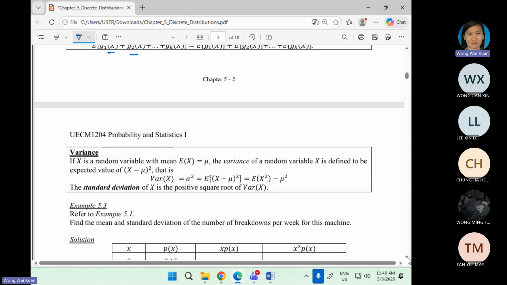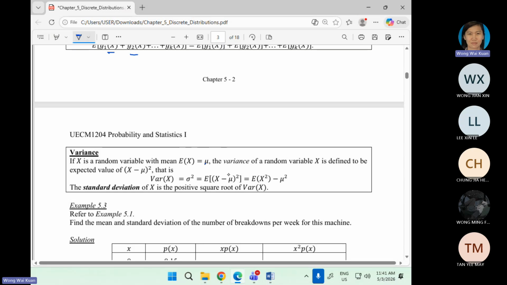So now one more general thing is this. What's the variance? We know EX is always the mean. So what's the variance? Variance, as you know, is sigma squared, but actually this is the expected value of (x minus mu) squared.